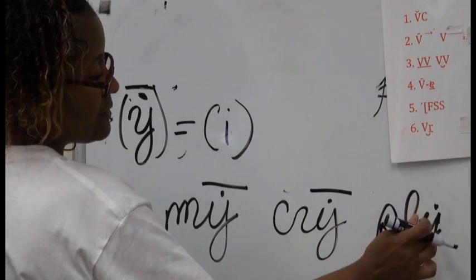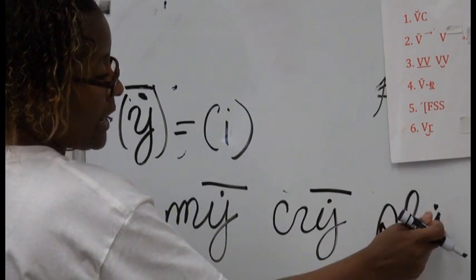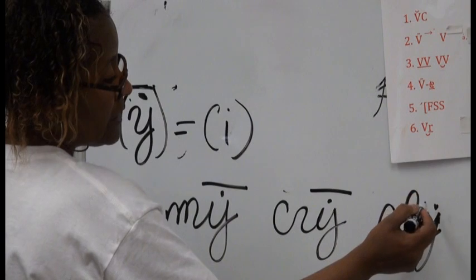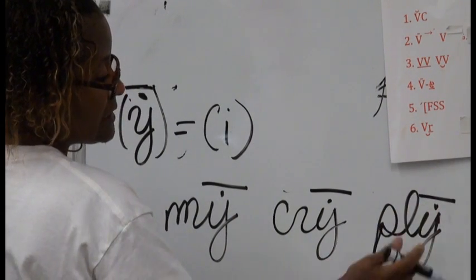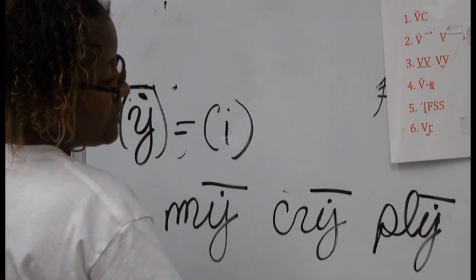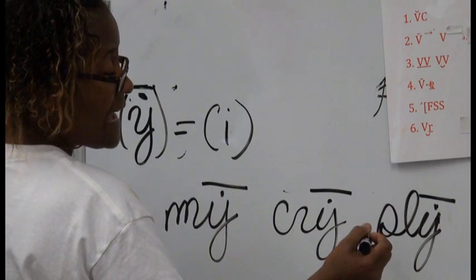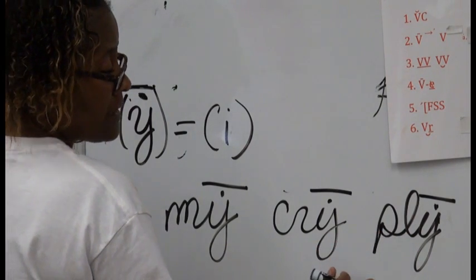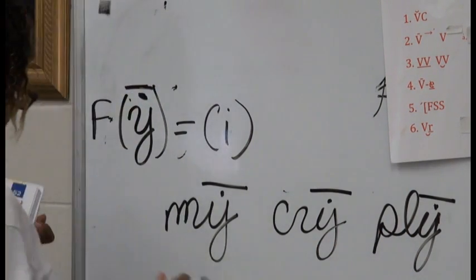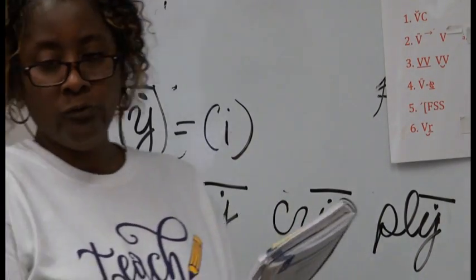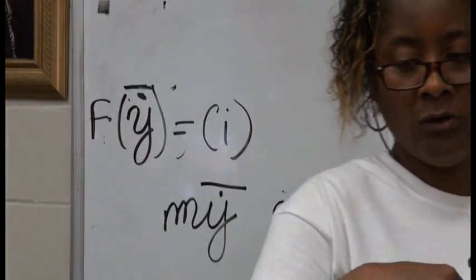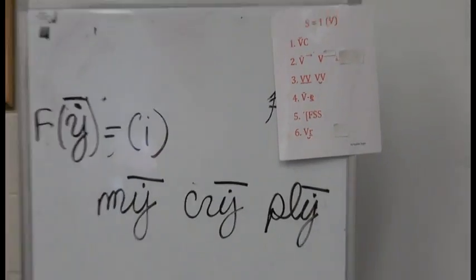We put a dot over it to make it a vowel Y, because we know it's a vowel, and it is long because it's in an accented syllable. So it makes the I sound. So we say this word is ply. Okay, y'all do row 2. Code row 2 right here.